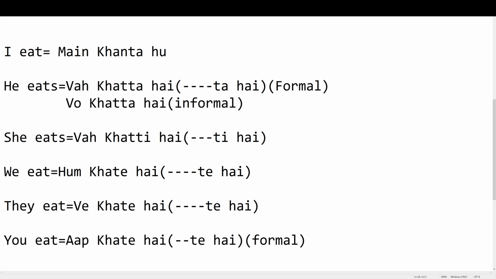Like if you want to say informal way, how will you say? तू खाता है if that second person is male. तू खाता है. This is informal way to say.